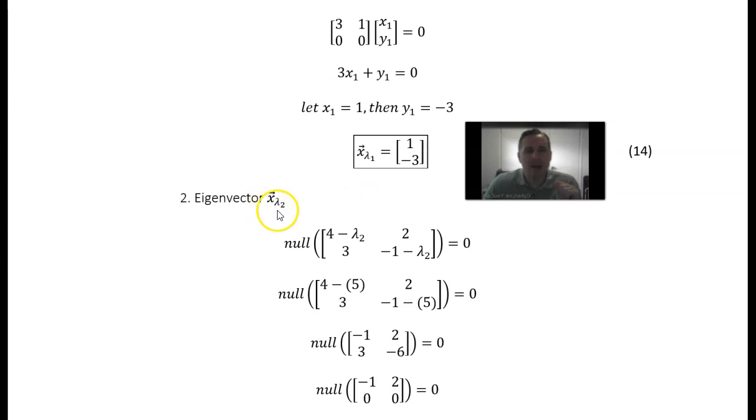How about eigenvector 2? It's a very similar process. You do A minus lambda I, but this time the lambda is lambda 2, which is 5. So 4 minus 5 gives -1. -1 minus 5 gives -6. -1, 2, and 3, -6 are across the rows of this matrix. Hopefully you can realize that row reducing this reduces to -1, 2 on the top row.